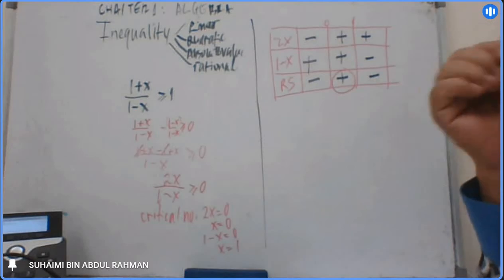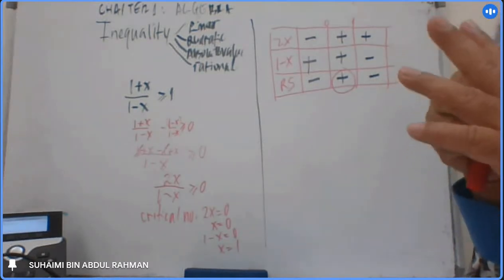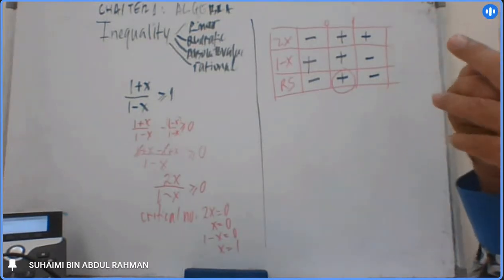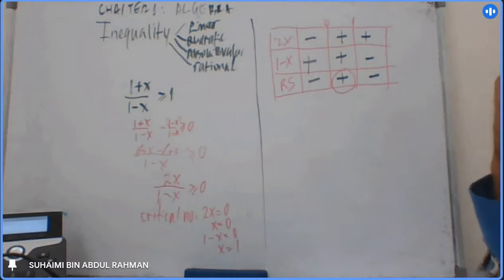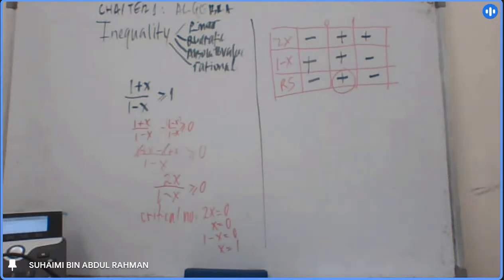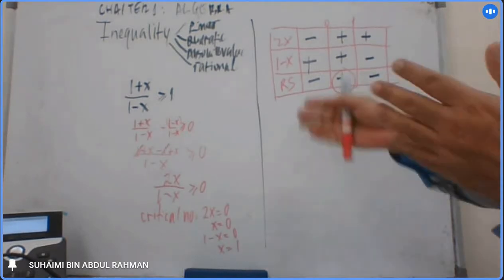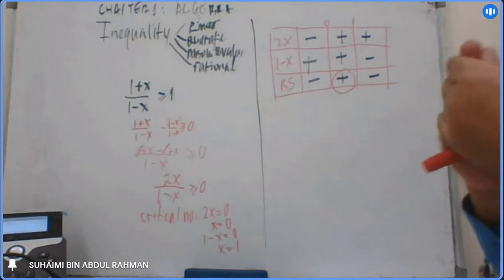If you remember the previous examples, we chose minus. But now we choose plus. It does not always mean that when we chose minus before, we choose minus again here. Sometimes we choose plus, sometimes minus. It depends on what we want to solve.